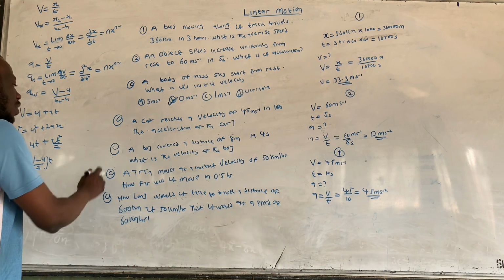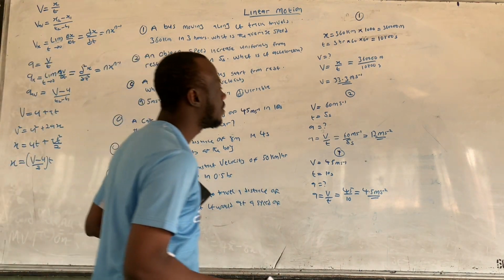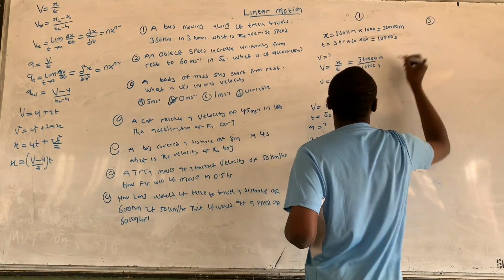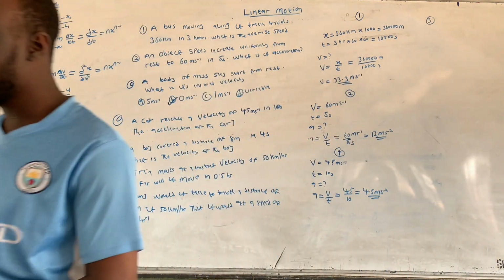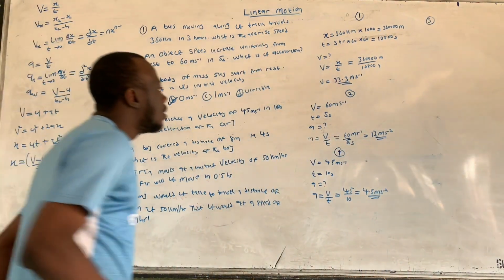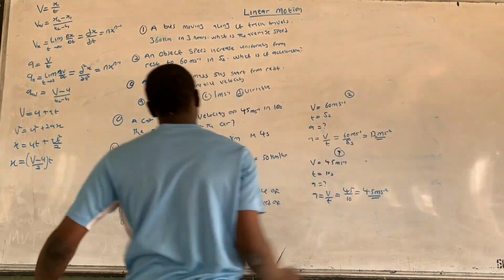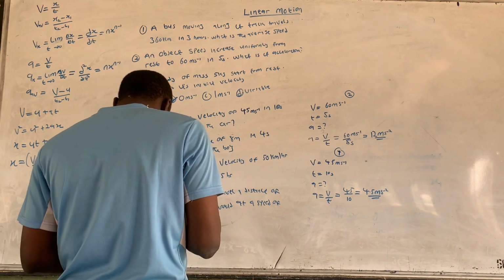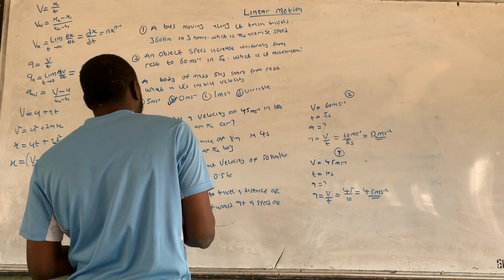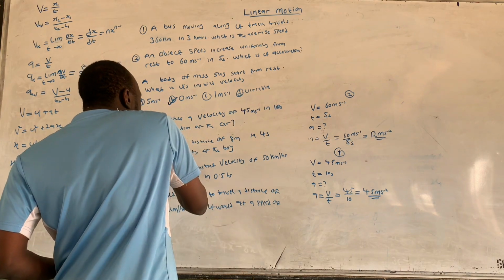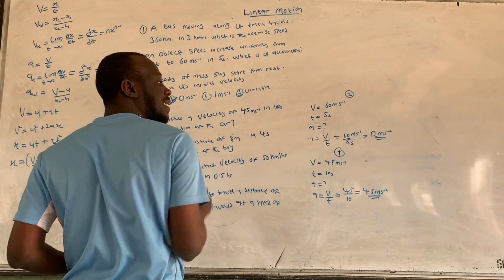Then now, the next question, question 5. I can solve question 5 in this case. Question 5 states that a boy covers a distance of 8 meters.